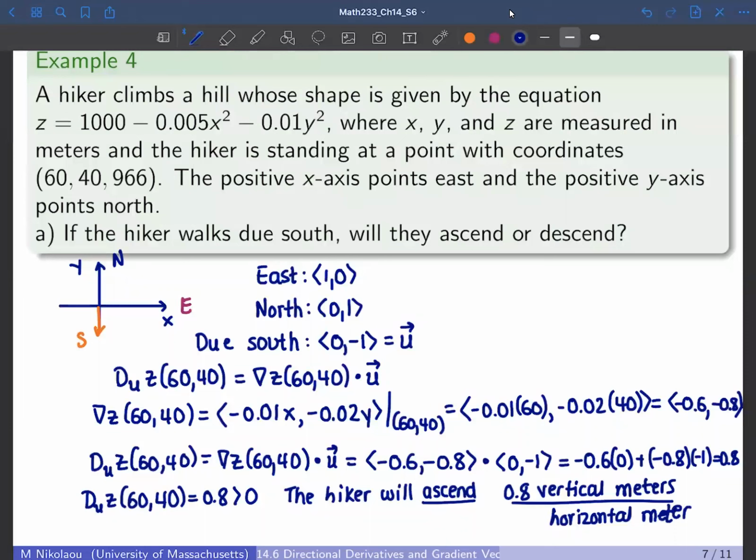So since the directional derivative is positive, the hiker will ascend, and they will ascend by 0.8 vertical meters per horizontal meter.